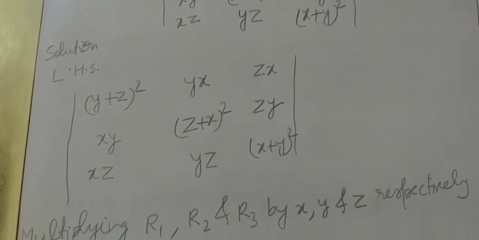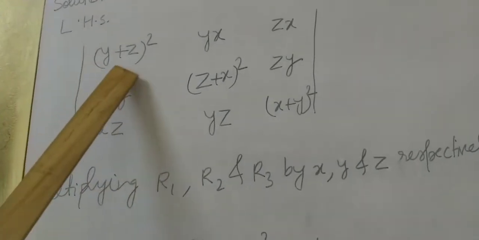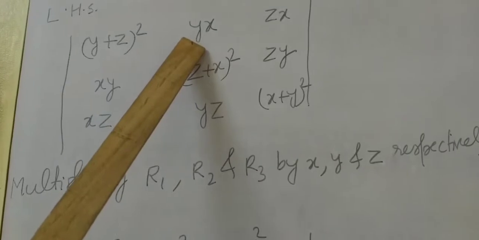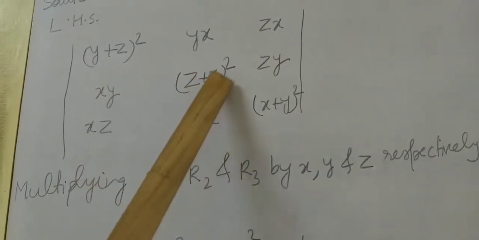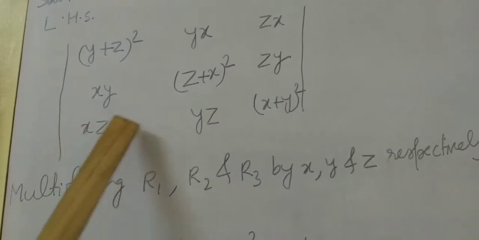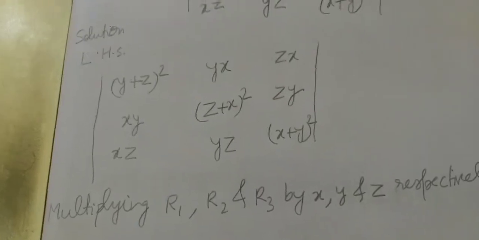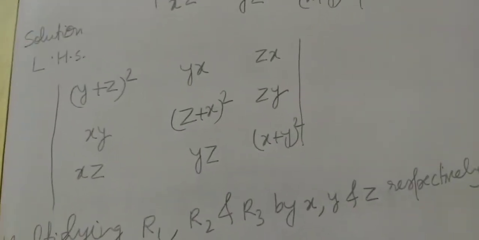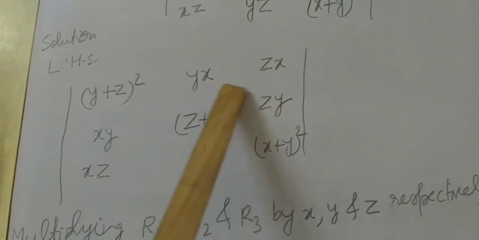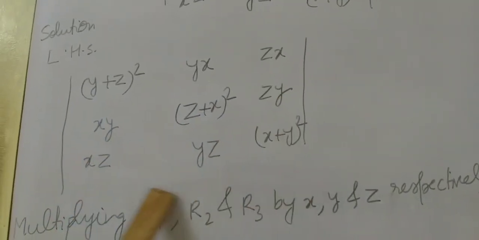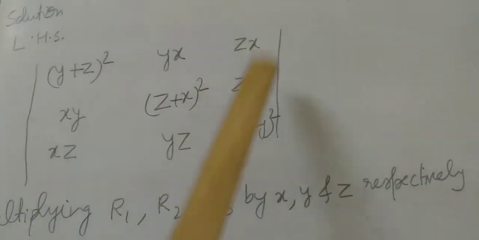Okay, so I am going to take the LHS: (y + z) whole square, yx, zx; xy, (z + x) whole square, zy; xz, yz, (x + y) whole square. So students, you can see nothing is common in R1, R2, R3, or in column 1, column 2 and column 3.